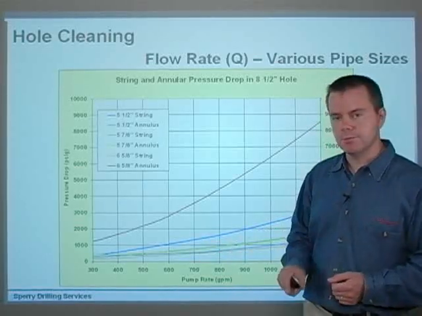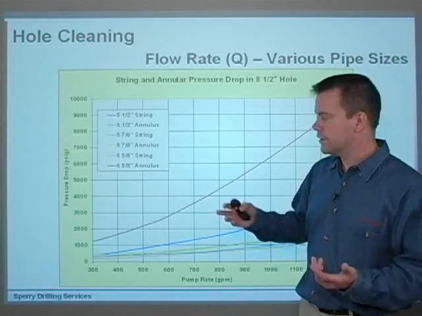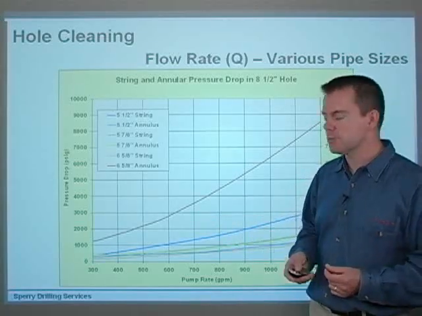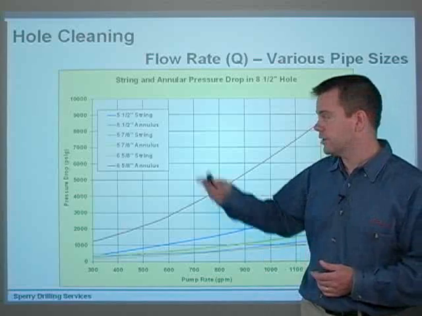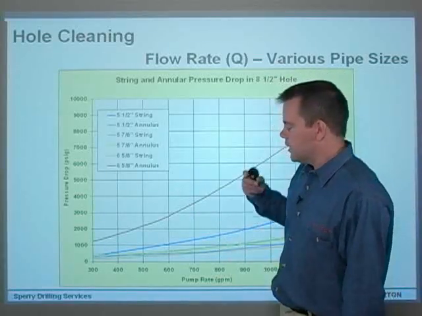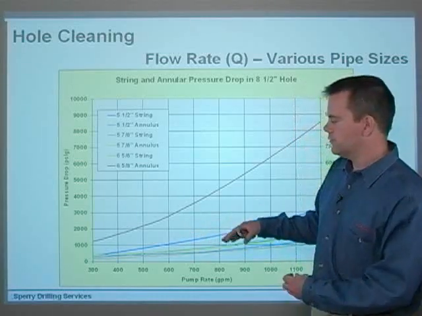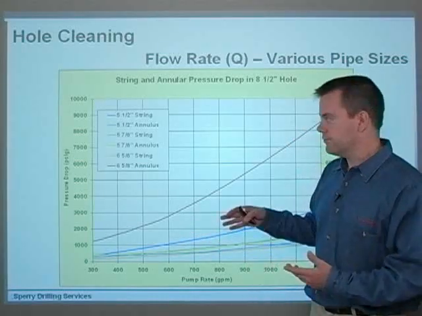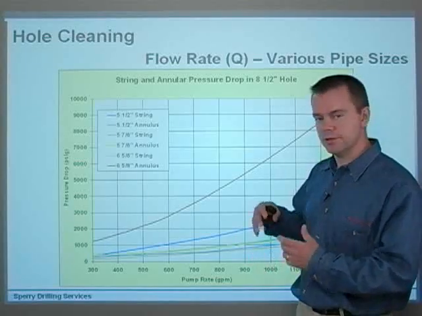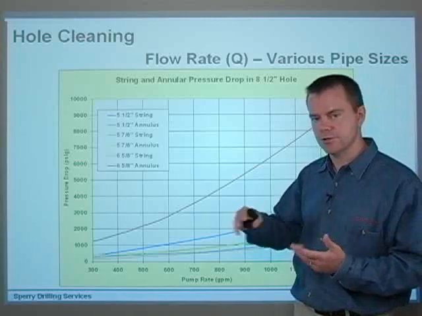So it's actually the optimum pipe size for drilling an 8.5-inch hole, and it's better in the larger hole sizes as well than normal 5-inch pipe, or even 5.5-inch pipe, because you've got a larger annular clearance. And because the internal pressure is significantly lower than the 5-inch pipe, or 5.5-inch pipe, you can physically pump a lot faster through it as well without getting your standpipe pressure up there.